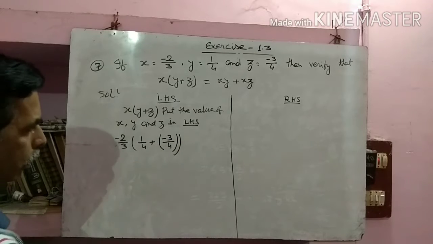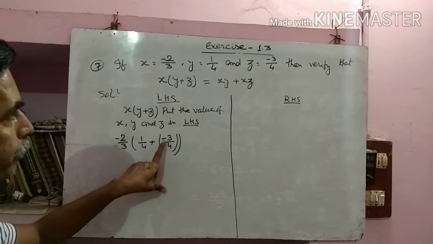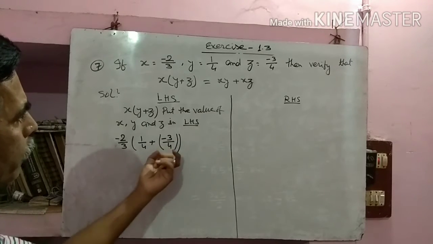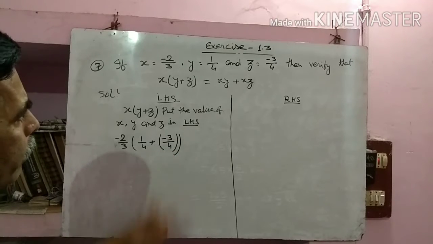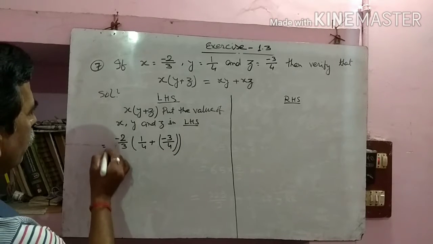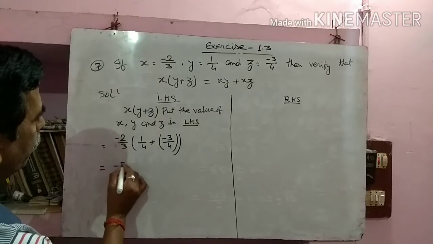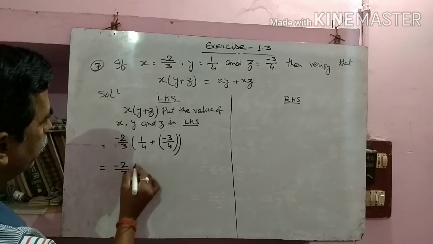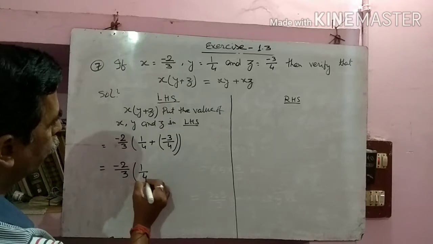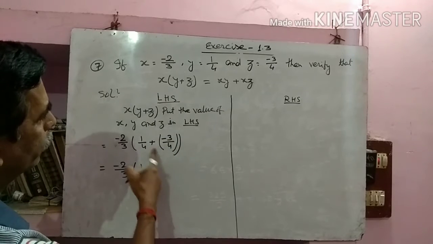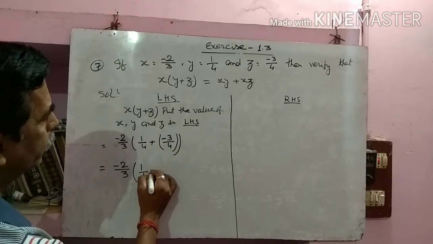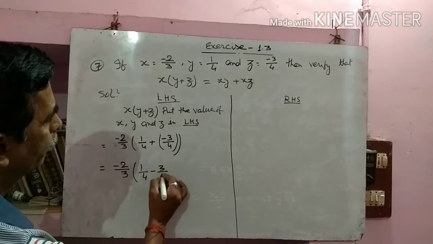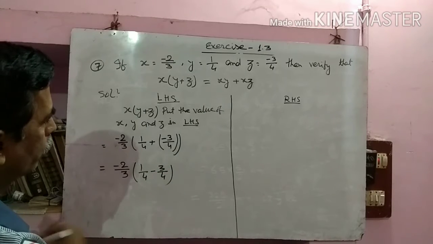There are different signs, so that's why we have to write this rational number inside a bracket. So what do we get? We get minus 2 by 3 in bracket 1 by 4. After opening this bracket, we get plus into minus, so it becomes minus 3 by 4.